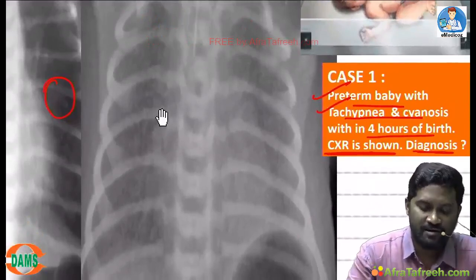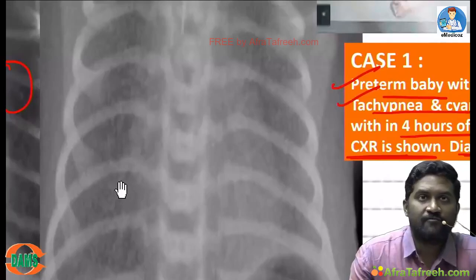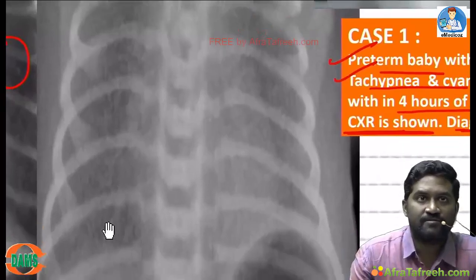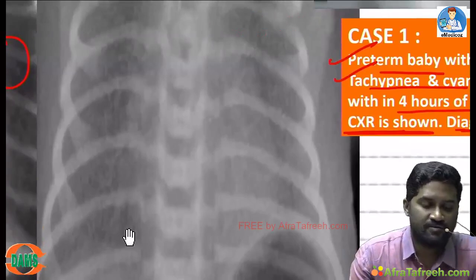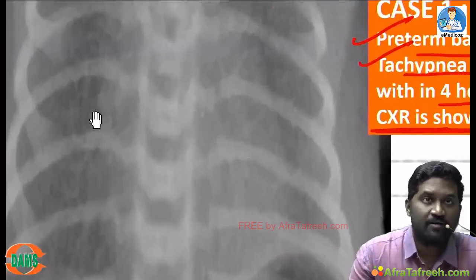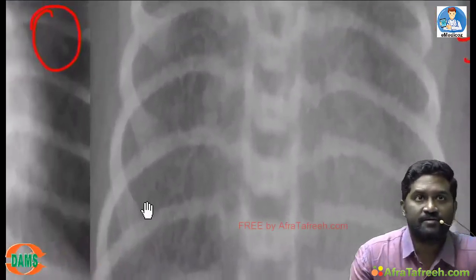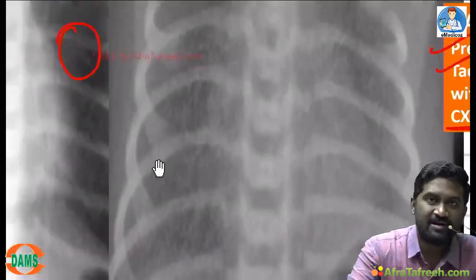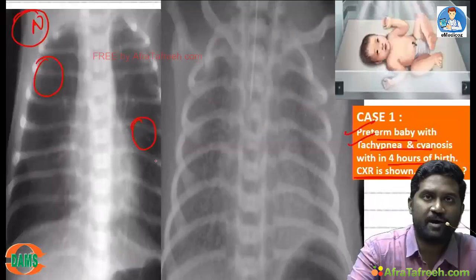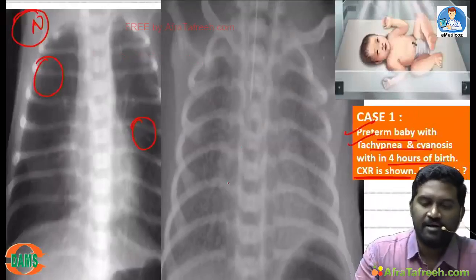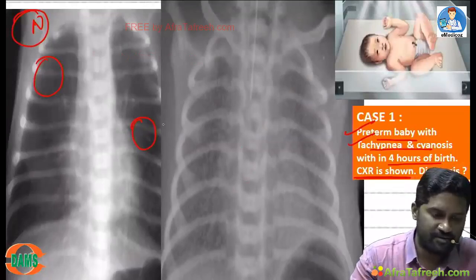If you keenly see, you can see some whitish dots, students. Can you see these bilateral whitish dots? Compare, this is the normal lung. Here you can see bilateral whitish dots. These bilateral whitish dots are nothing but granular pattern. So this is a bilateral granular pattern, and the baby is having respiratory distress within 4 hours after birth.